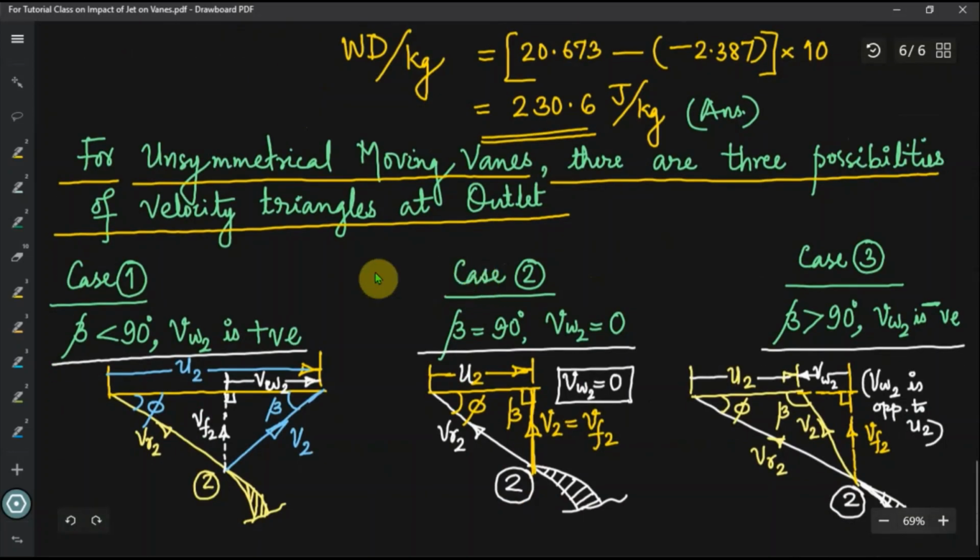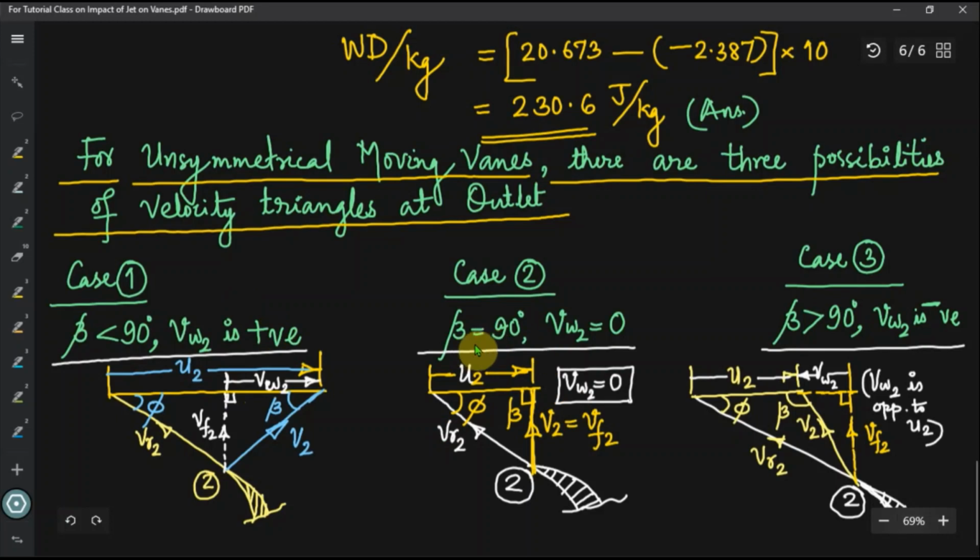So before I conclude, let me remind you, for unsymmetrical moving vanes, there are three possibilities of velocity triangles at outlet. This is the first case, that is when VW2 is positive or beta is less than 90. If in the current problem beta is given to be less than 90, then you have to make use of this velocity triangle at outlet.